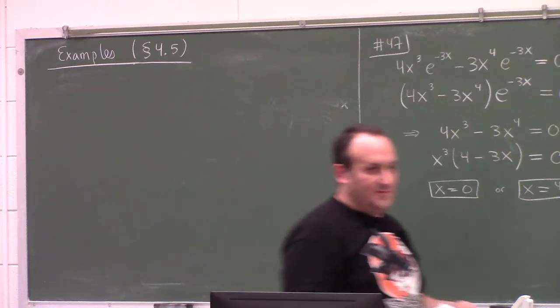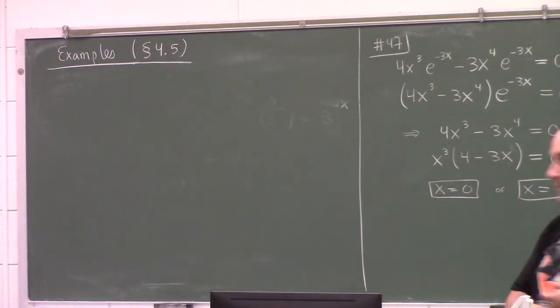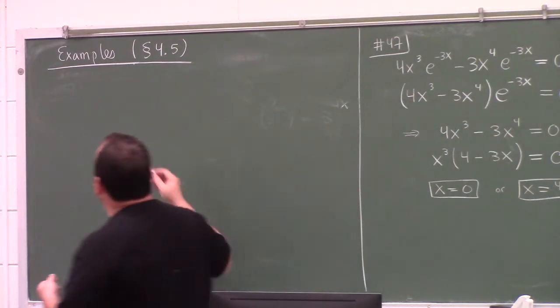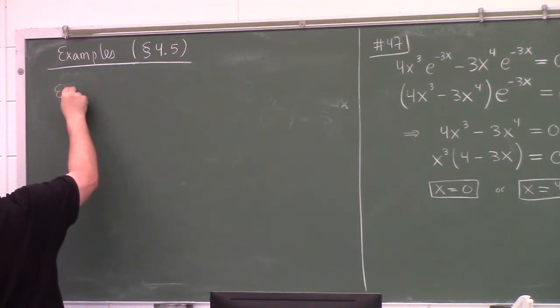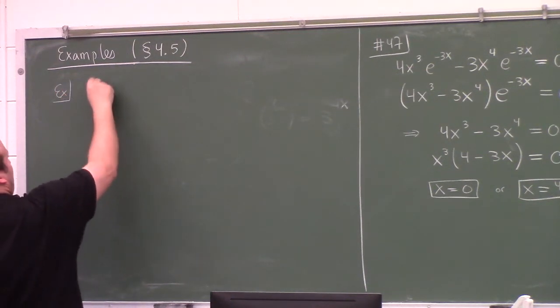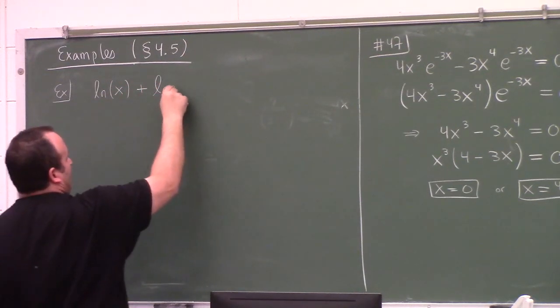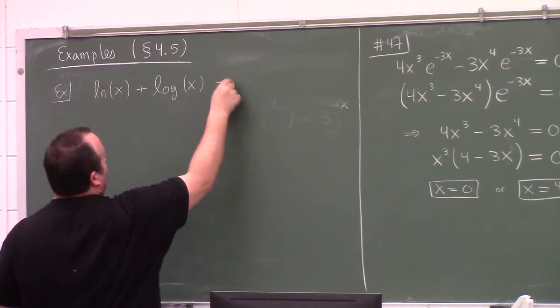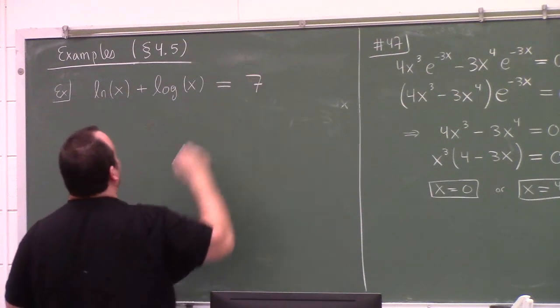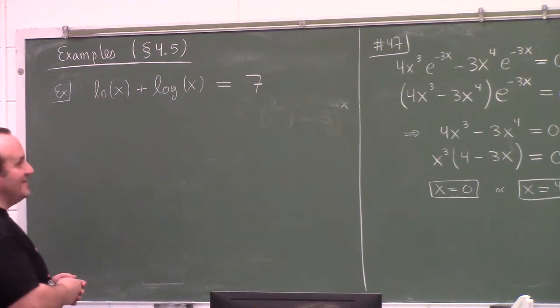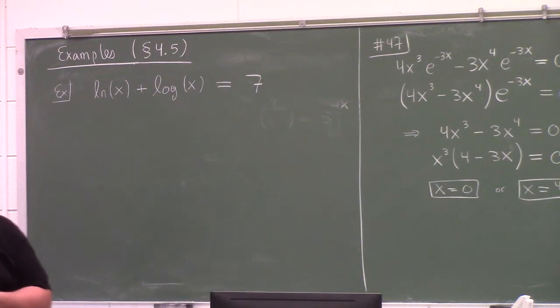Let me ignore the textbook for a second. So, what if we tried to solve natural log of x plus log of x equals 7? How would we do that?